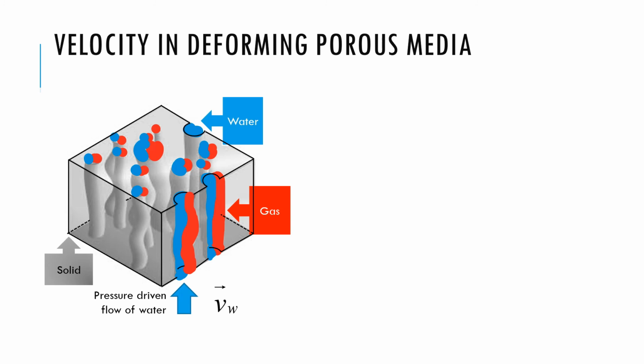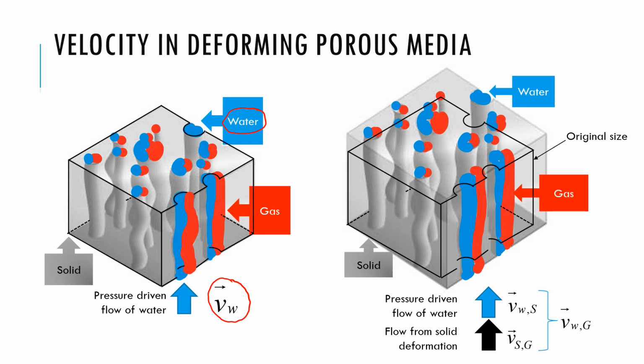So let's use another cartoon to try to visualize these movements of fluid with respect to the solid and its total movement. When there is no deformation, then we have this velocity of water, let's say that's the blue one, due to pressure driven flow. So this is flow in relation to the solid. Now, when it is deforming, you can see this is the deformed shape, and this was the original.